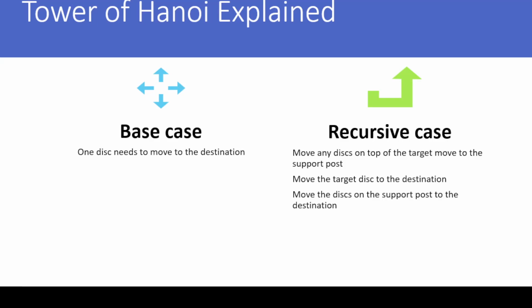Everything else is coming down to moving disk 2 or 3 or 4 or however many disks there are to some other desirable destination. So the recursive case is really basically a call to move everybody on top of me to another place, move me to the support post, move me to my destination post, and then move everybody on the support post on top of me, which makes sense to some degree, right?